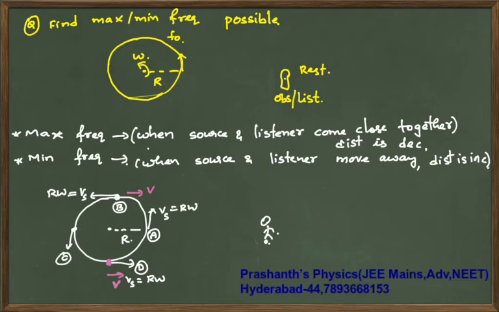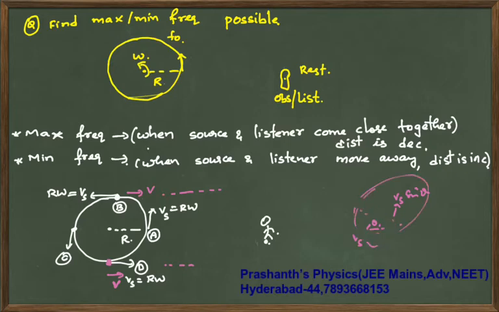Indirectly they are parallel with the listener. But in any other position, if Vs is in this direction, it will have two components. If this angle is theta, you will have Vs cos theta and Vs sin theta. Any other position you take, there will be components.